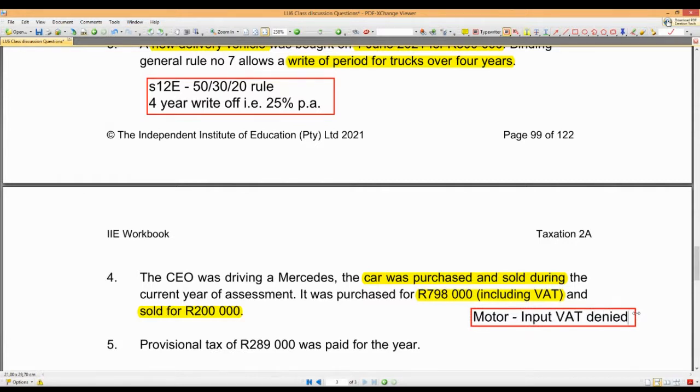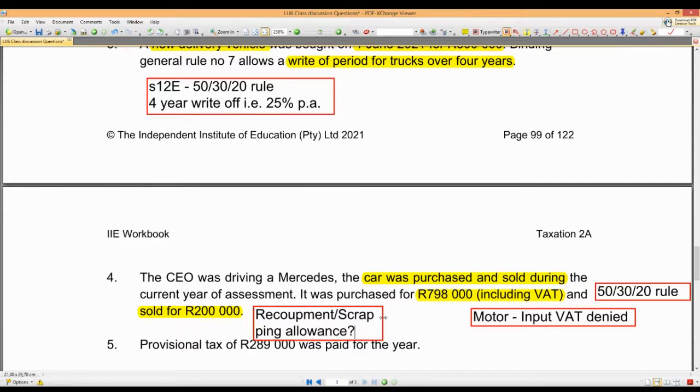So that means we will apply the full $798,000, and we will apply the 50, 30, 20% rule, and then because we sold it, we'll have to look at the recoupment or a scrapping allowance.